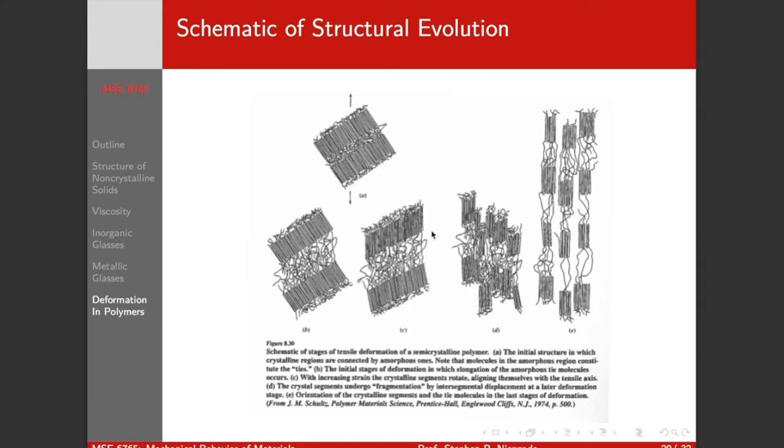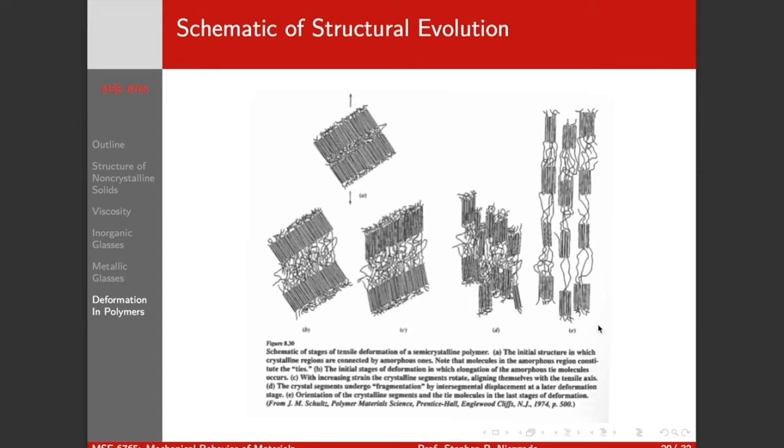But they stretch out, and if we keep pulling, the crystalline regions will break up by shear. Remember, these crystals are very strong this way, but this way they're only held together by van der Waals forces. And by doing that, it allows the amorphous region to stretch out even more.